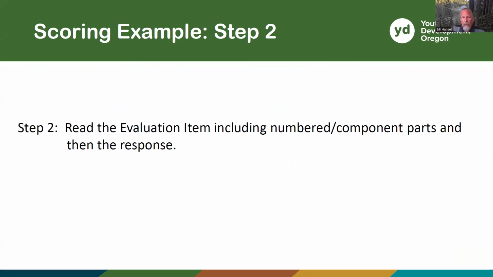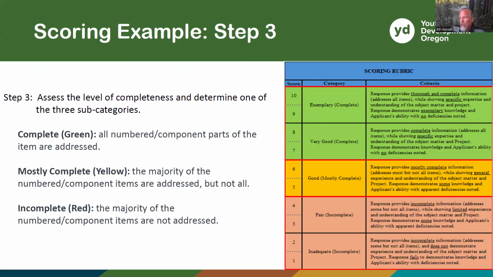Step 3, assess the level of completeness and determine one of the 3 subcategories. So here now you've read the response and really arrive at a determination: were all parts of the item addressed, and if so, assign it to one of the 3 subcategories. Again, complete, mostly complete, or incomplete.